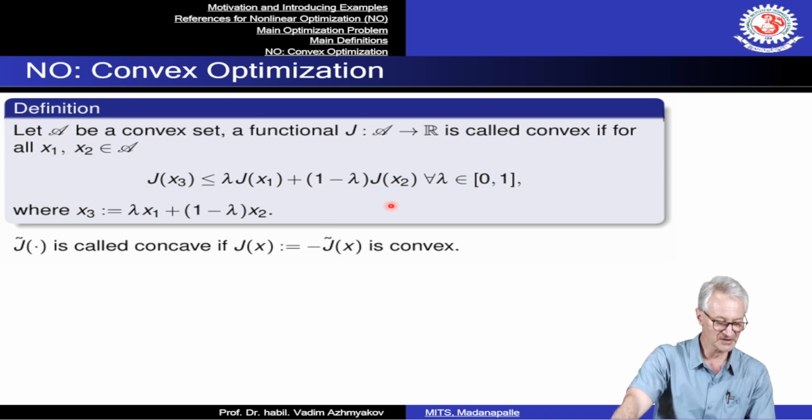If functional J is convex, the functional constructed from the original by multiplication by minus will be concave, or reverse. If we have a concave functional as given originally, we can multiply with minus and obtain a convex functional.